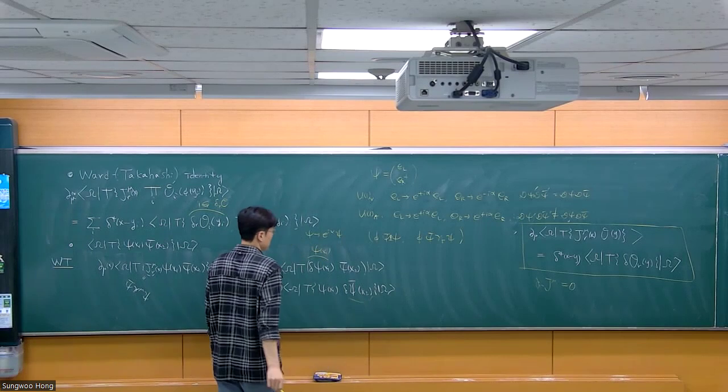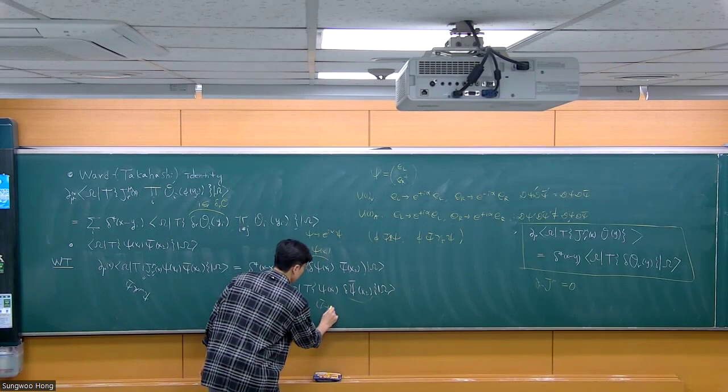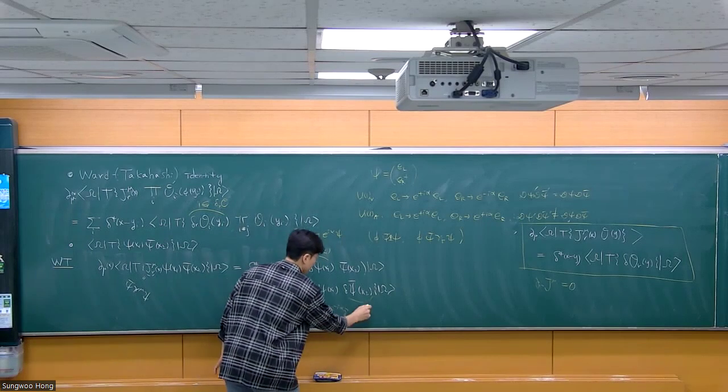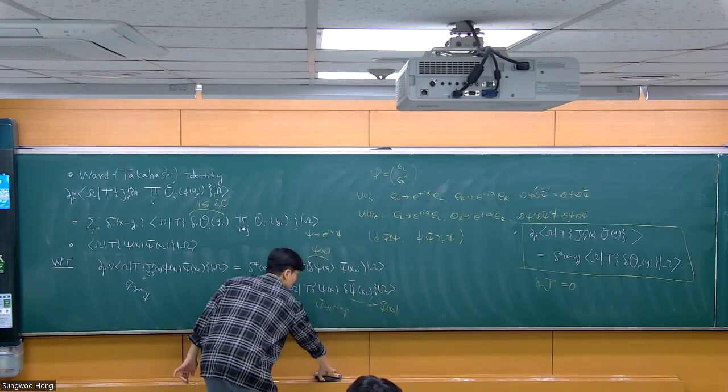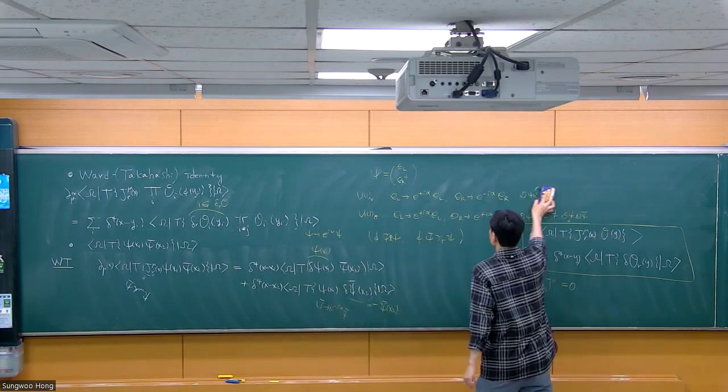And the variation of psi bar, remember psi bar goes to e^{-i alpha} psi bar. So therefore, this is minus psi bar of x.